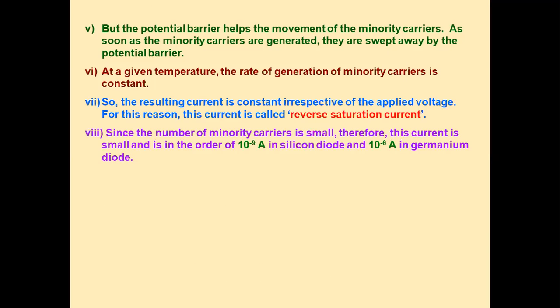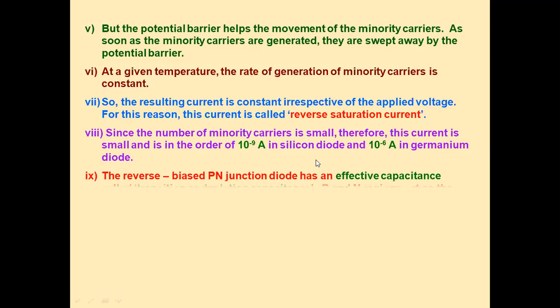So in case of reverse biasing, the current through the PN junction is very small. The number of minority carriers is very small. The current is very small, in the order of microampere to nanoampere: microampere for the germanium and nanoampere for the silicon diode.